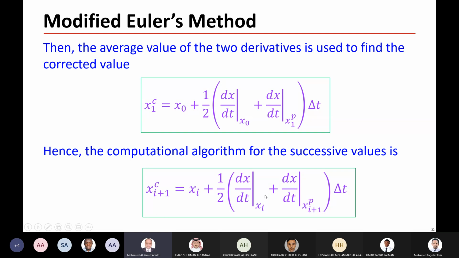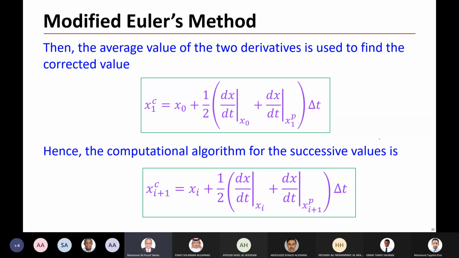So in recursive form, you can write x corrected i plus 1 equals xi plus 1/2 times the derivative at xi plus the derivative at xi plus 1 predicted, times delta t.